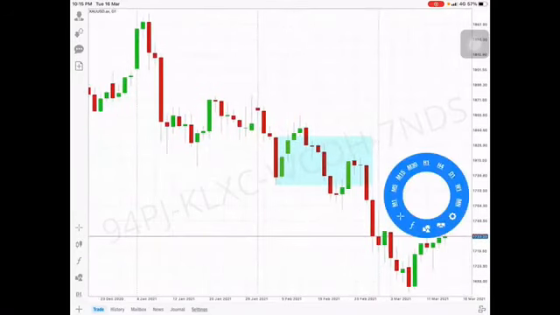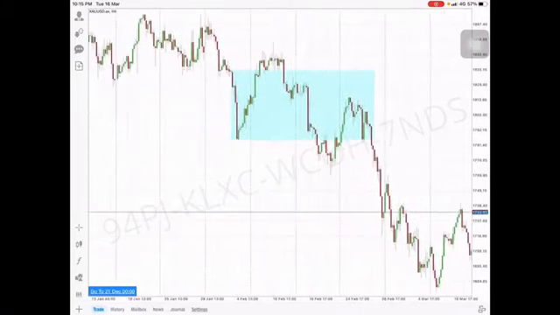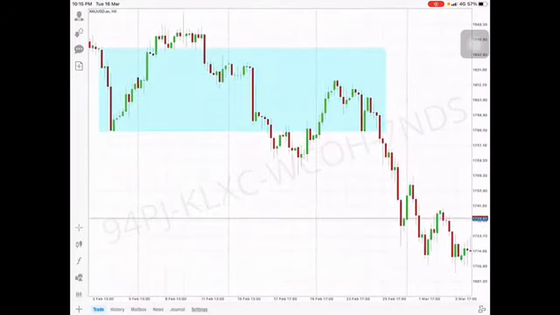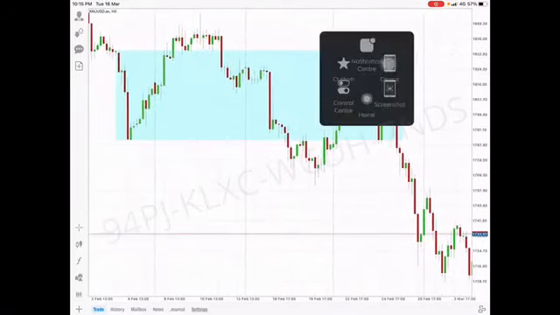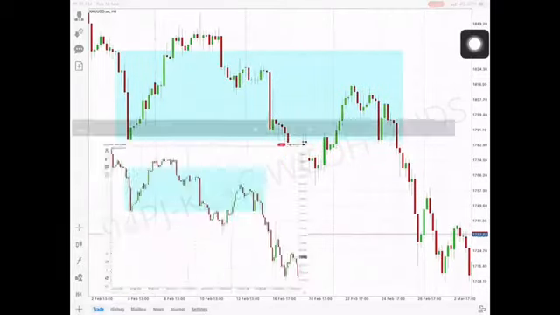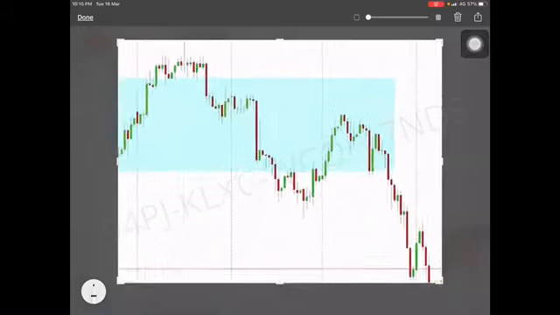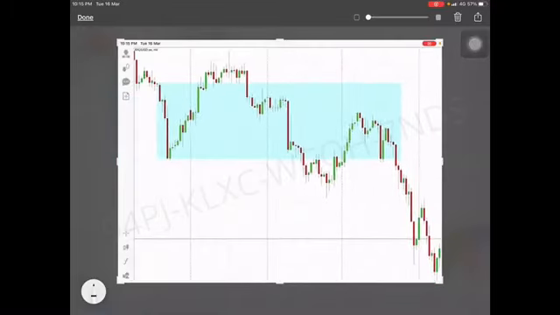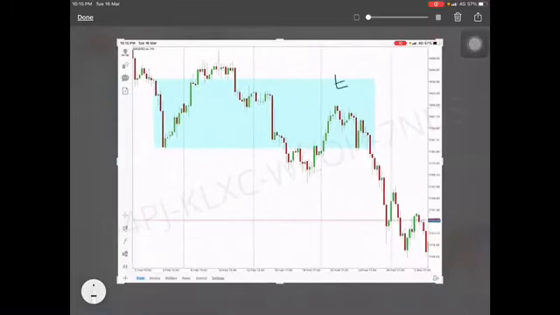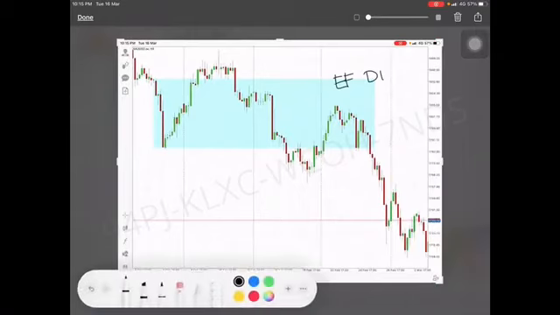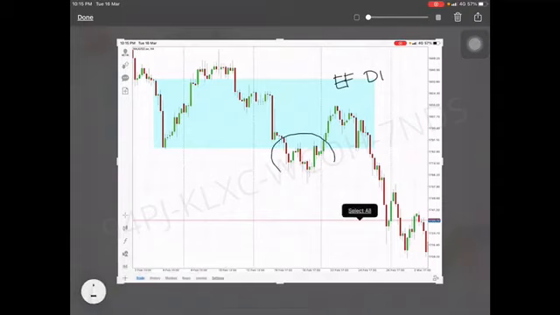Now on the H4, look at this. This is the area. Let's say you marked the EF zone. This is the daily EF zone. So what is this? Is this a sideways pullback?